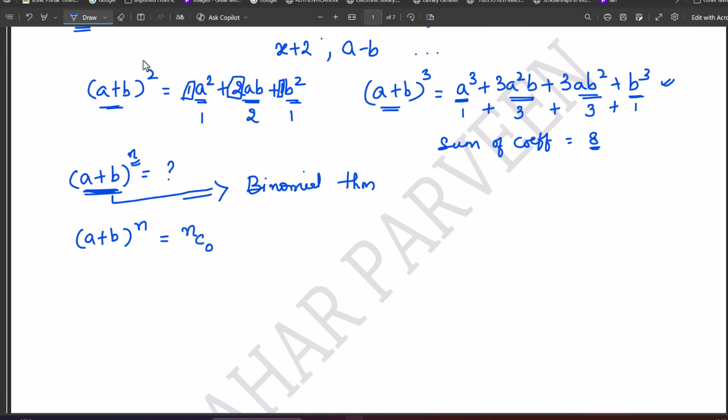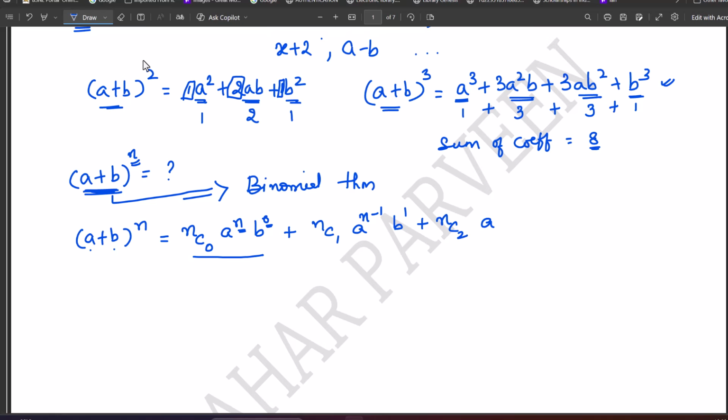So then you have 2 terms, a is there, b is there, that also should come here, a to the power n, then b to the power 0 plus, again what will be the next term followed with this, nC1, a power will decrease, here you have n, it will decrease, it will become n minus 1, then b power will increase, here you have 0, here you will get 1.